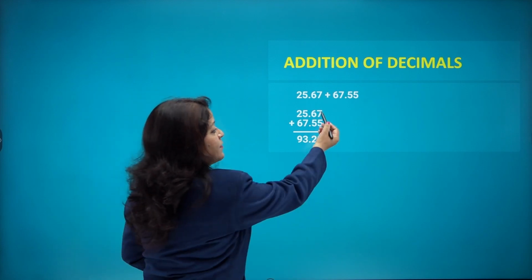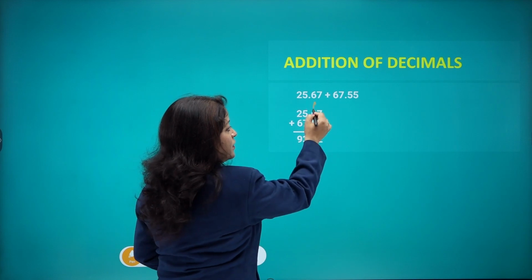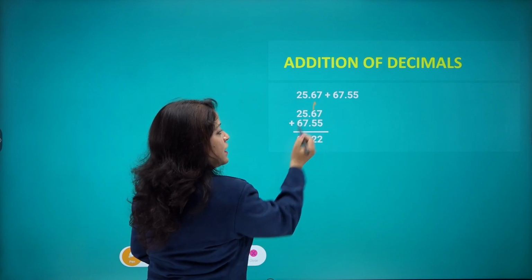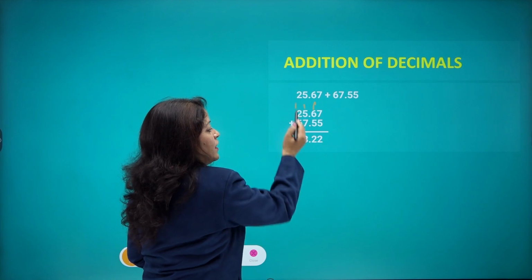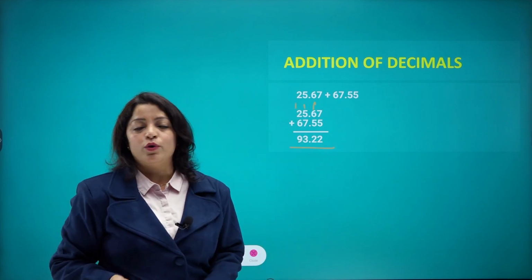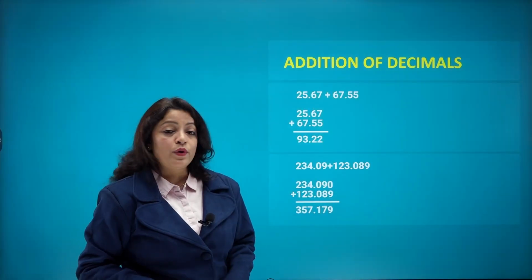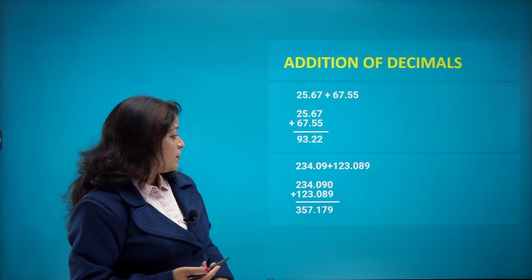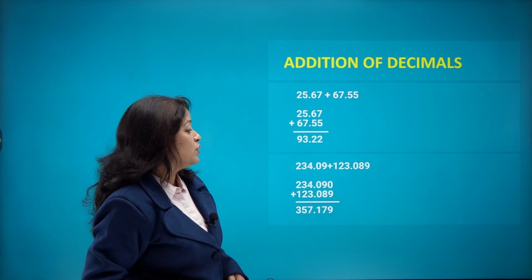For example, 7 plus 5 gives you 12, so you have 1 as a carry over. Then 6 and 1 is 7, and 5 again 12, 1 carry. Then 7 and 5 is 12, and 1 is 13, 1 carry, and you get the result 93.22. Very simple. Let us take one more example, that is 234.09 and 123.089.